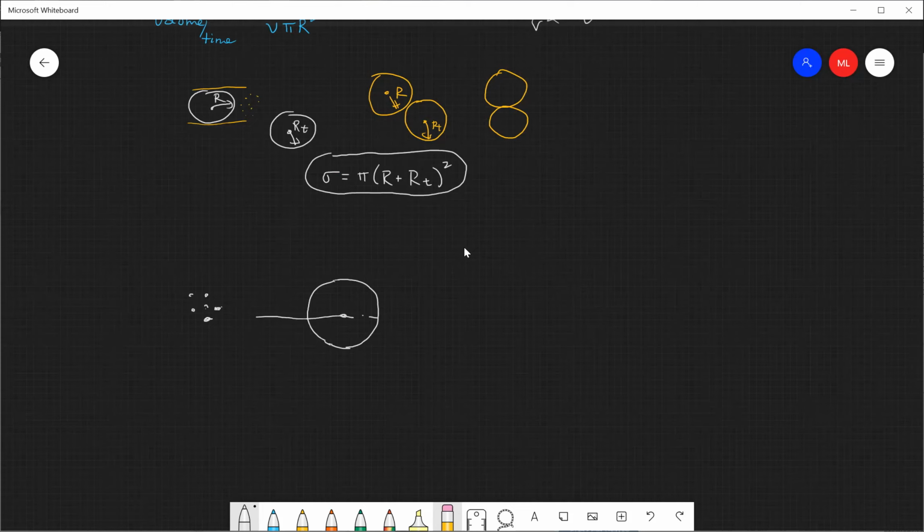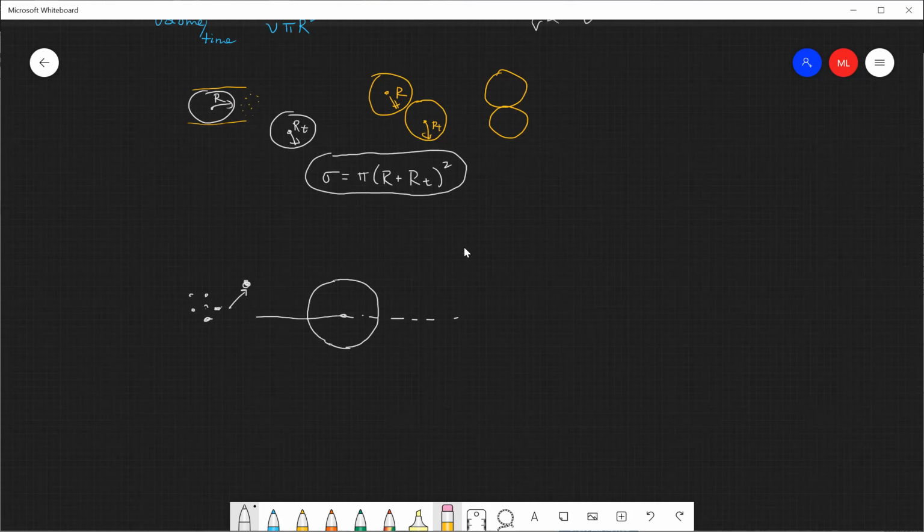Sorry, my tablet's misbehaving a little bit. That leads us to the notion of an impact parameter. The particle can come in at some distance b.